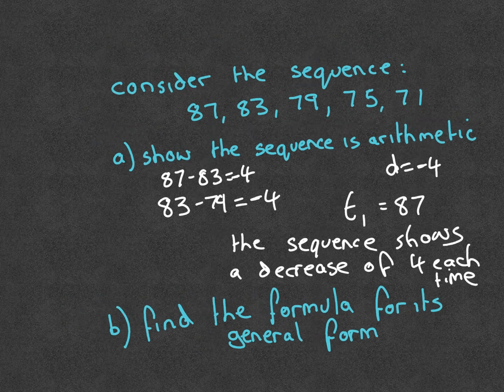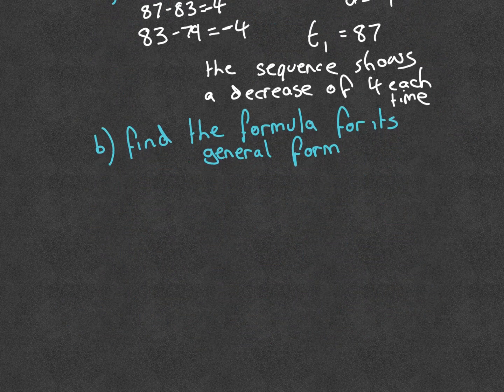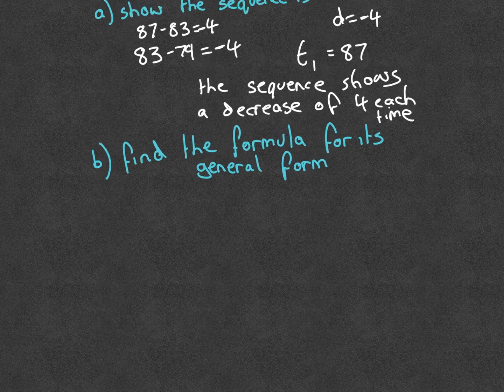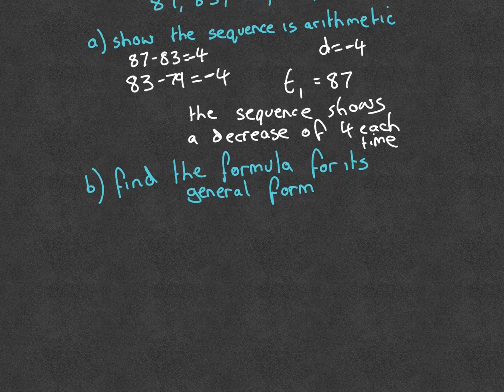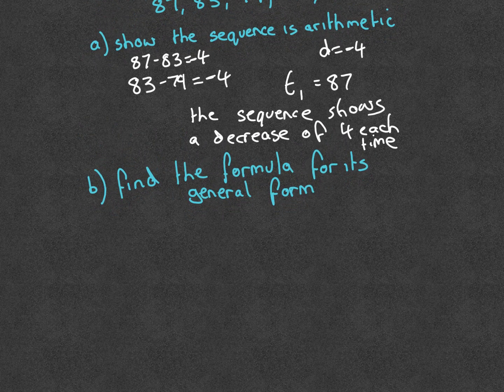The next part of the question says, find the formula for its general form. We've already identified that T1 is equal to 87 and D is equal to -4. So the formula for its general form can be described like this.